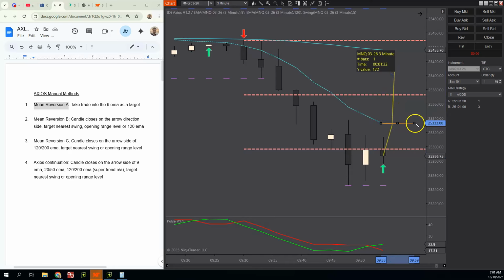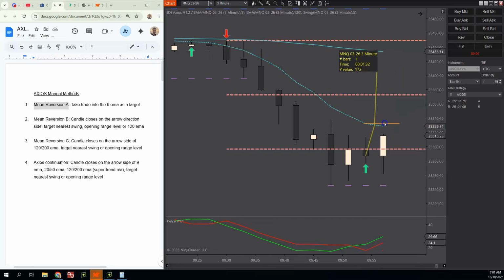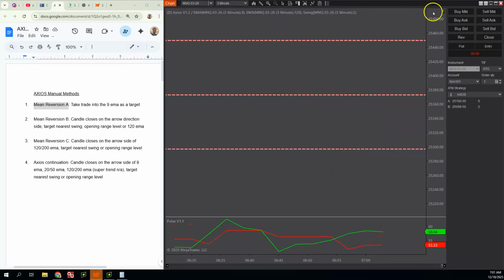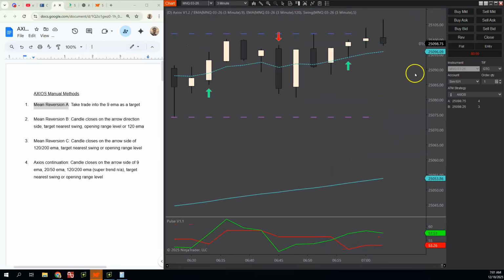We'd have to move it down a little bit. And the target would have ended up at 165 ticks.